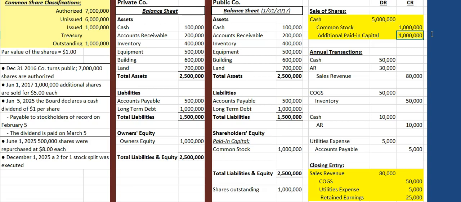Now, the outside shareholders purchased the stock at $5, so they paid $4 over par. That calculation is very easy: 1 million shares times the $4 over par that they paid. And the $5 million comes into the company, so now we come over here and we add the $5 million to the cash.